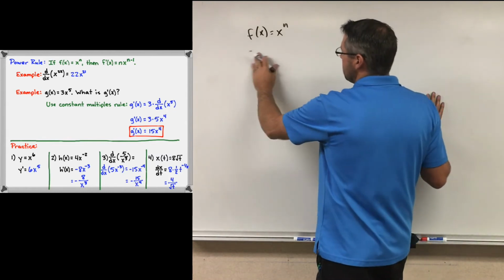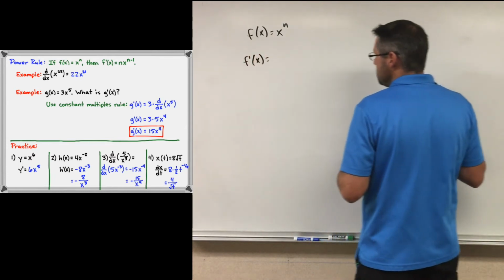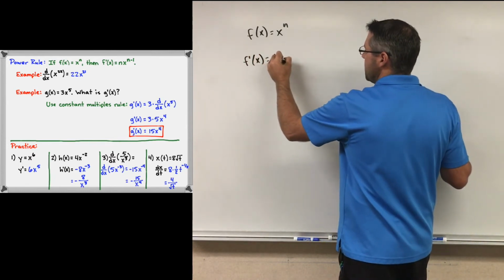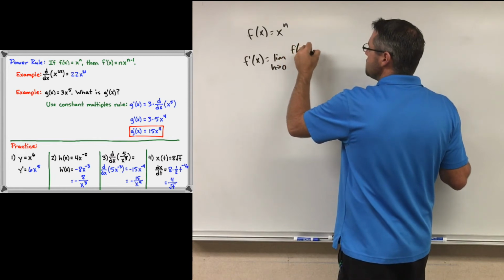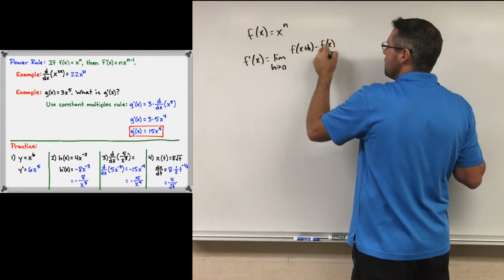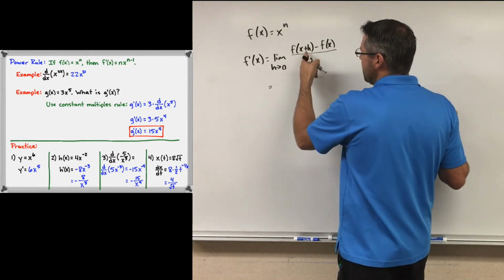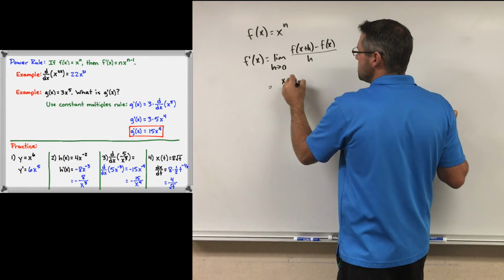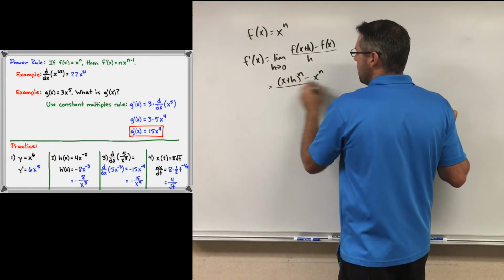Where n is a number. To find the derivative using the definition, we have the limit as h approaches 0 of f of x plus h minus f of x all over h. And then plugging that in, x plus h, we'd end up with x plus h to the n power minus x to the n power all over h.